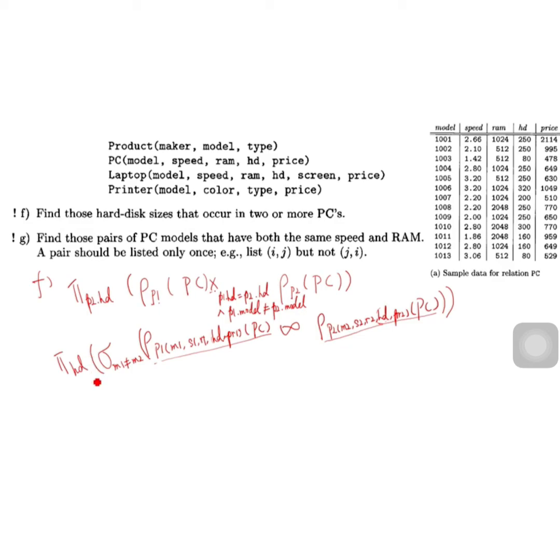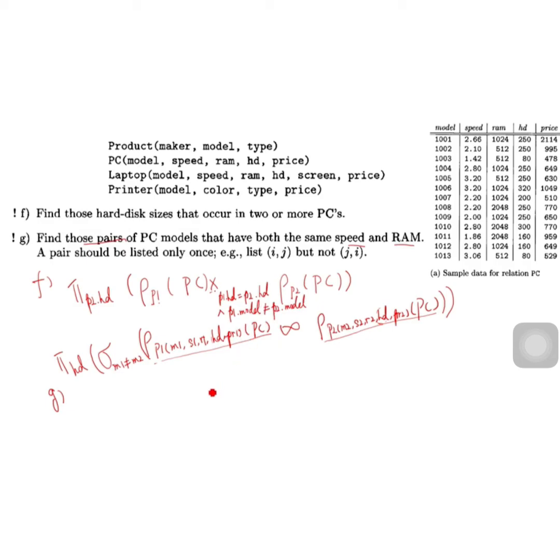Now G. We'll also use renaming and cross join or natural join. Okay, now here we want to get pairs with both the same speed and RAM.